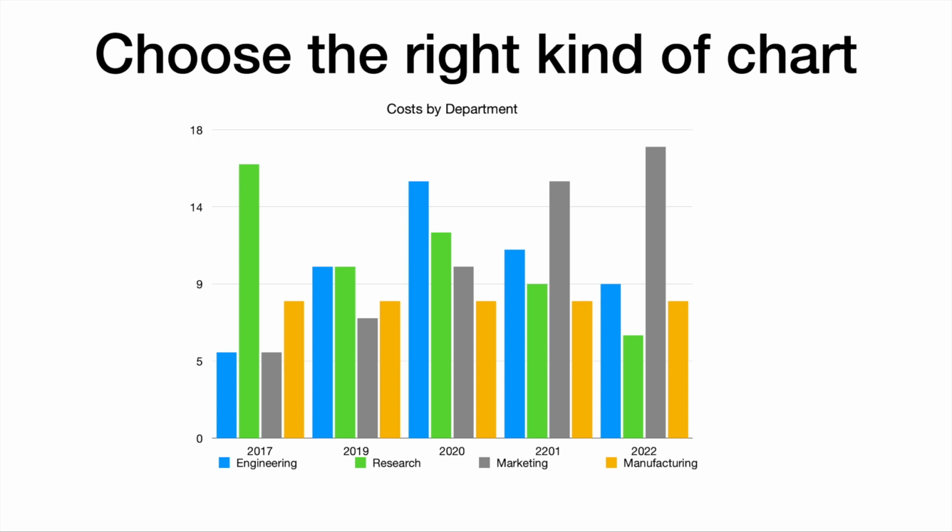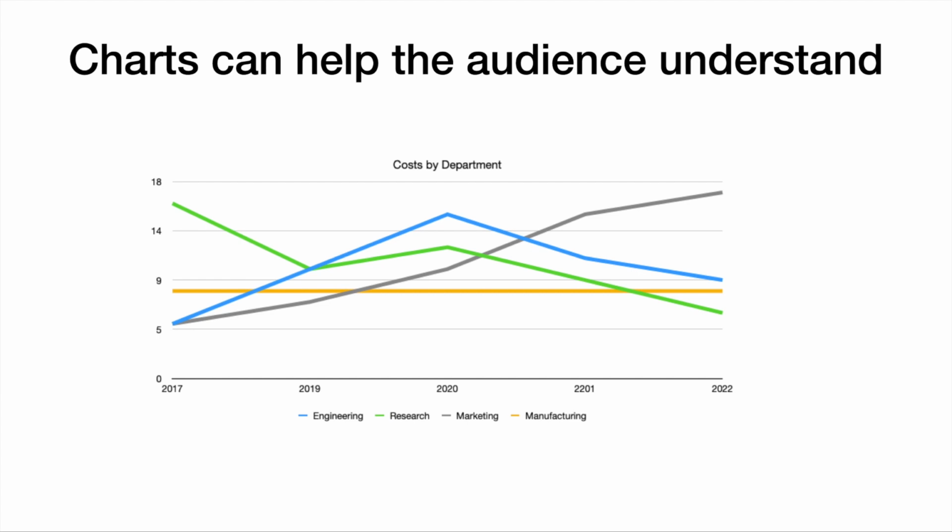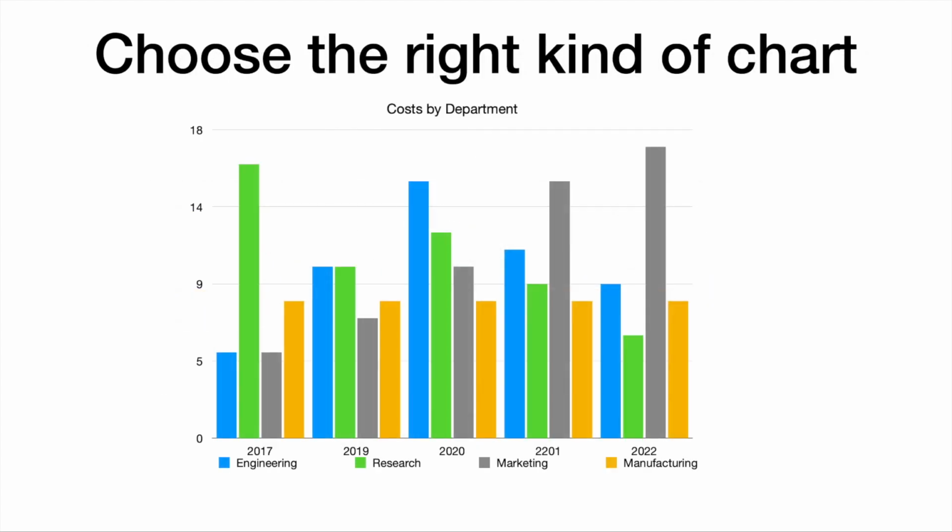But we can see that this chart here, which is just a bar chart, has all the information and all the data there, but it doesn't tell the same story as the line does. Here, lines are the most appropriate way to tell the story that this data is trying to tell. This isn't so useful.